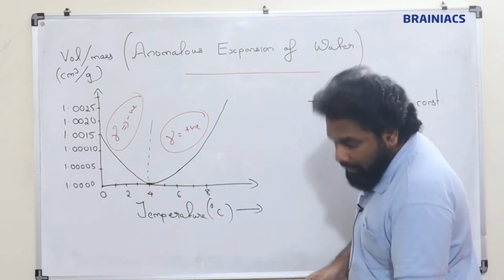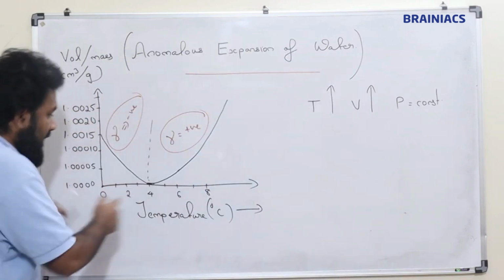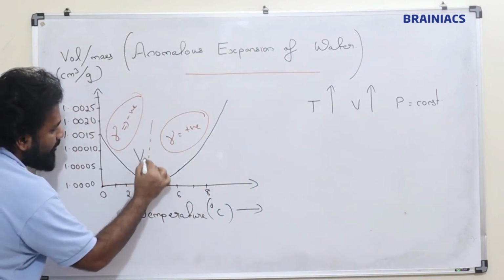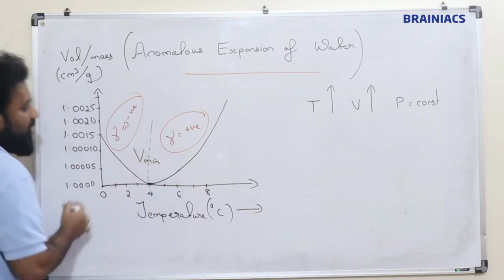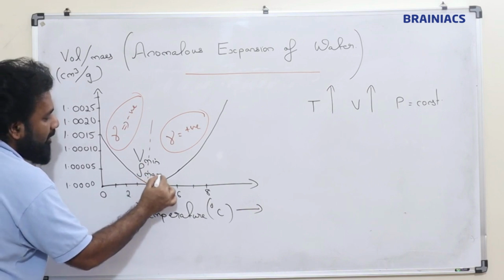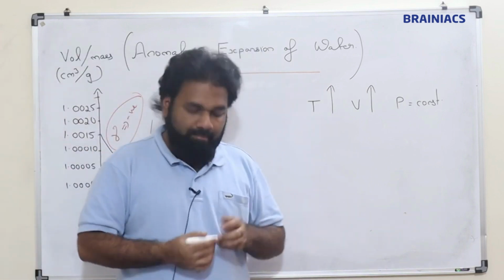See, obviously, at 4 degrees Celsius the volume is minimum, so the density will be maximum. If the volume is minimum, density will be maximum.